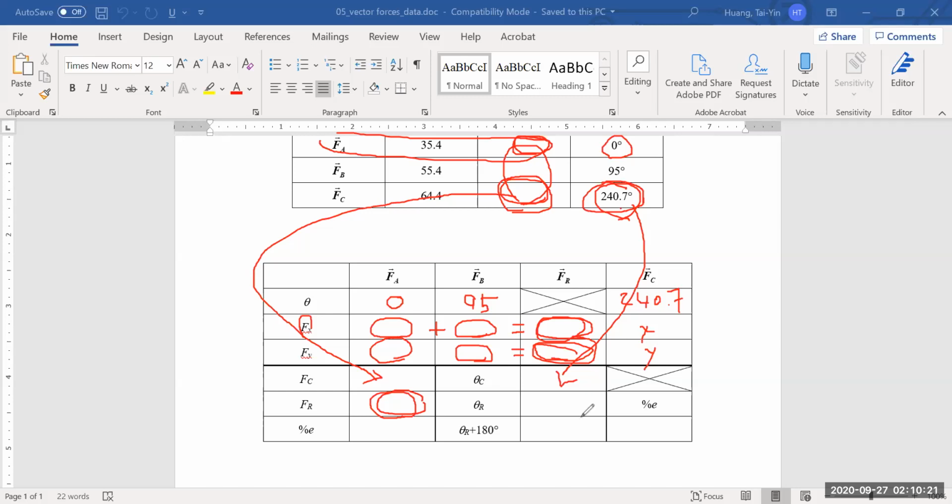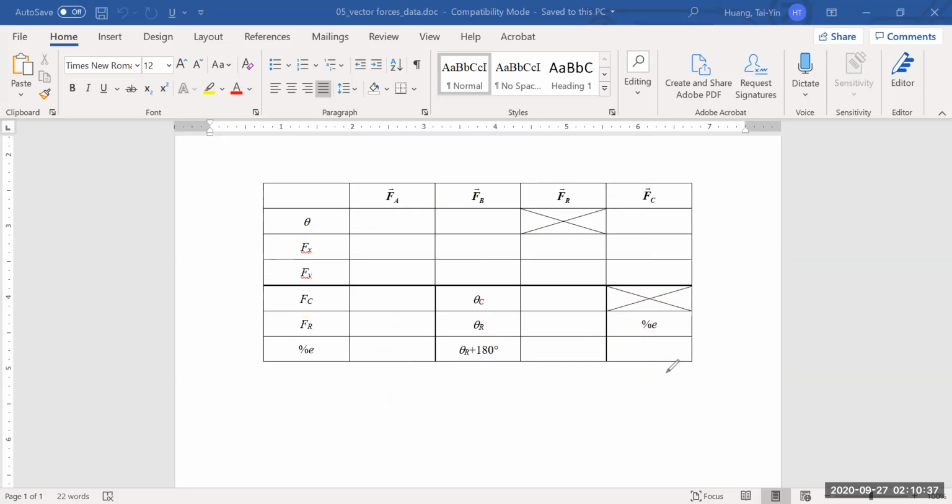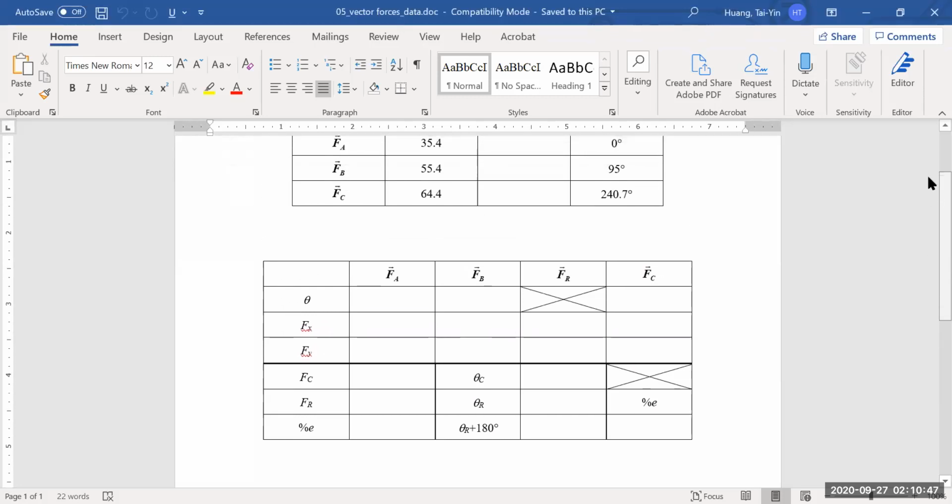Okay. Now for FR, for the theta R, how do we do the theta R? I just want to draw your attention to that, because you will use the smaller angle. Let me bring this up first. Hold on. So let me draw it here.